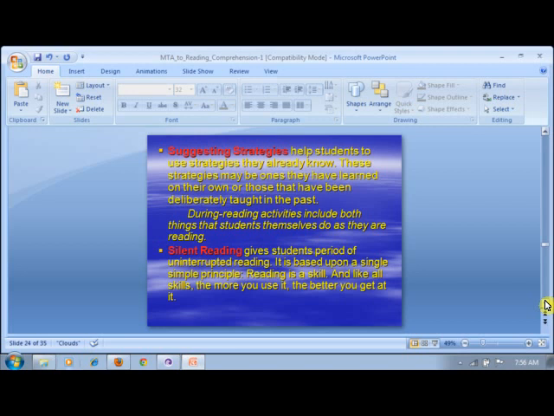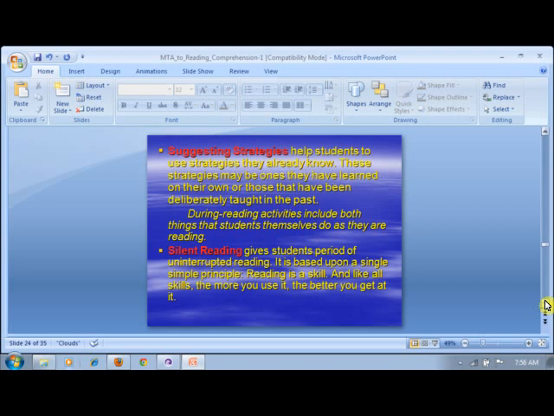These strategies may be ones they have learned on their own or those that have been deliberately taught in the past. During reading activities include both things that students themselves do as they are reading.